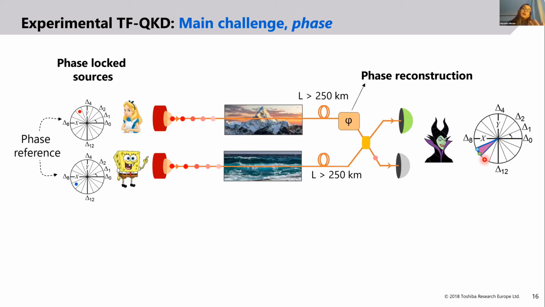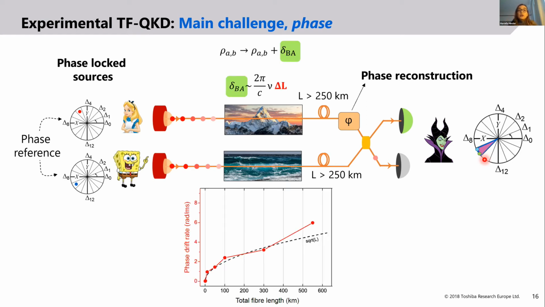So even if we do successfully phase lock the sources, then when they send their phase encoded pulses to travel through 500 kilometers of fiber, they will be experiencing some vibration or thermal changes, and these will in turn make some differences in the length of the fiber, which end up as a phase noise.